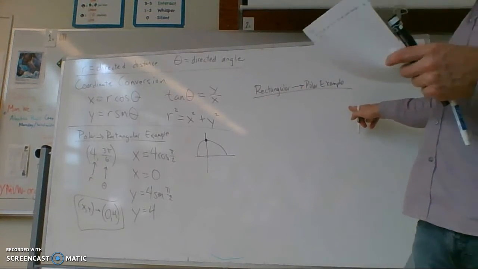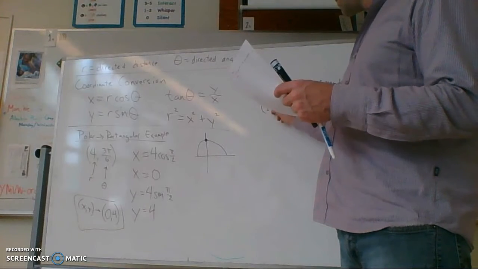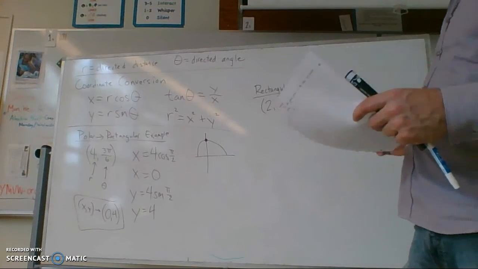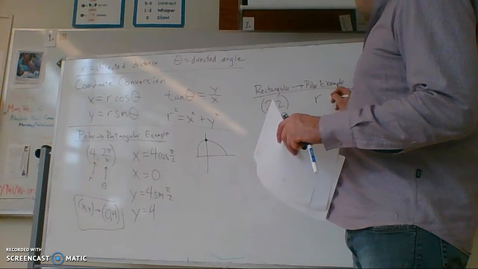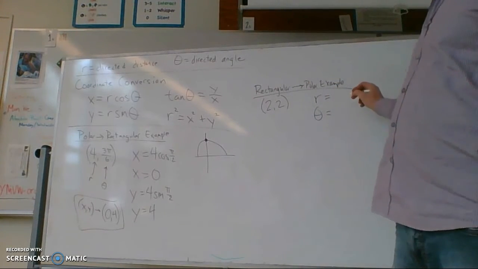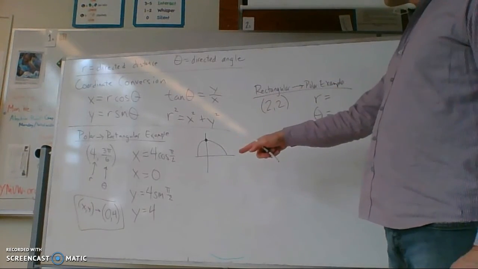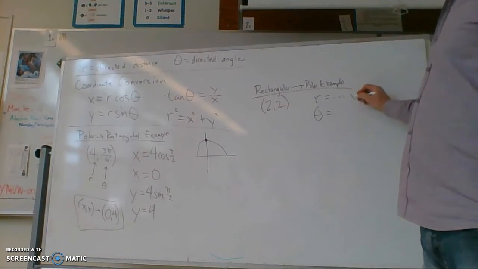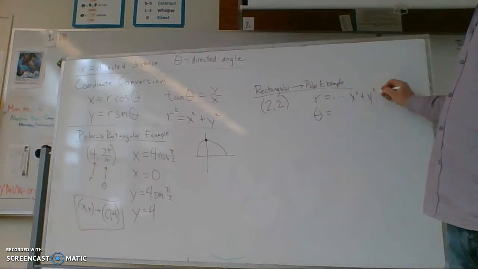We'll go the other direction. Given rectangular 2, 2, what's that in polar? So we're trying to find out what's r and what's theta. Well, r is the square root of 2 squared plus 2 squared. In other words, x squared plus y squared equals r squared.